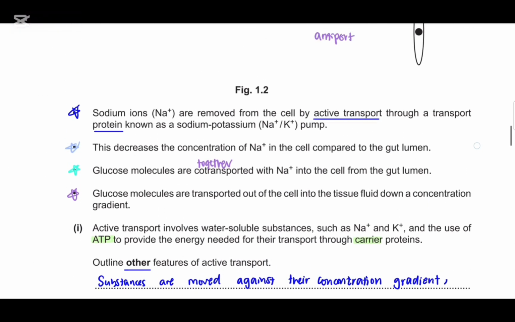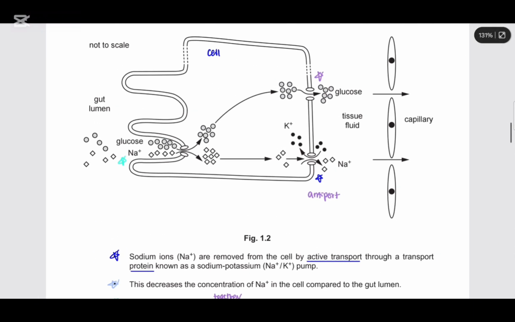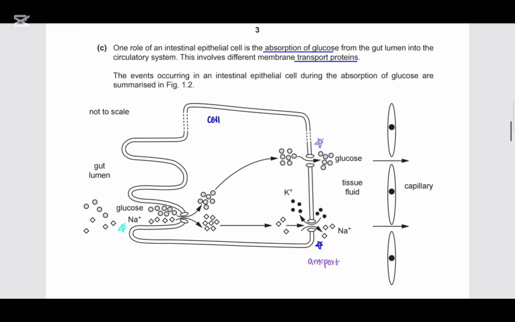Note that for the first 2 summary points, it tells us that sodium ions are removed first by active transport, lowering the concentration of sodium ions in this structure, mentioned here. So when there is a lower concentration of sodium ions, it's allowing for this process to next occur.